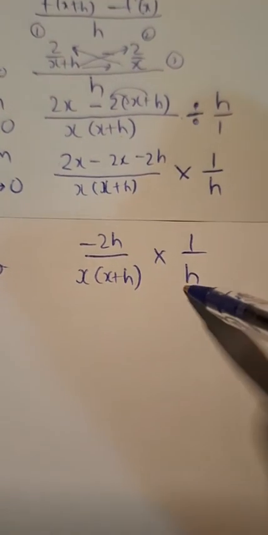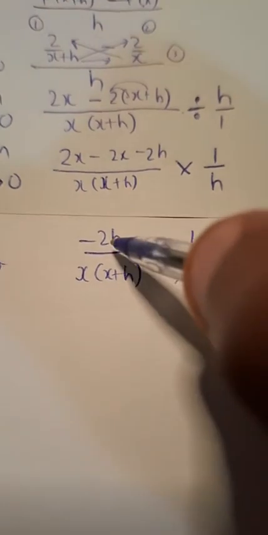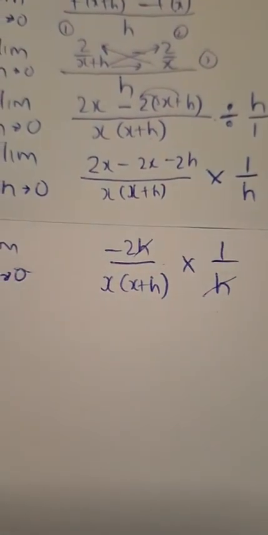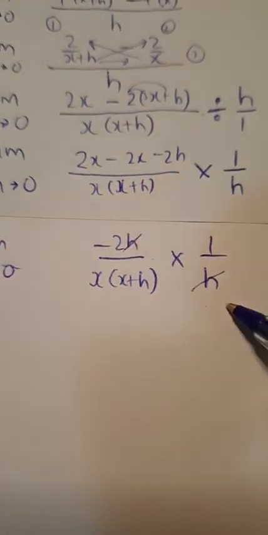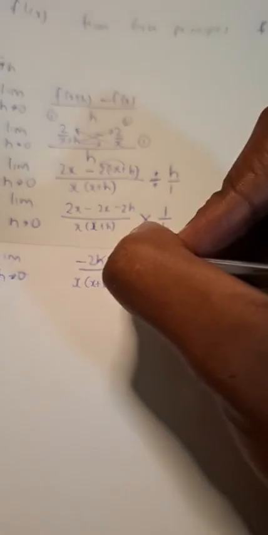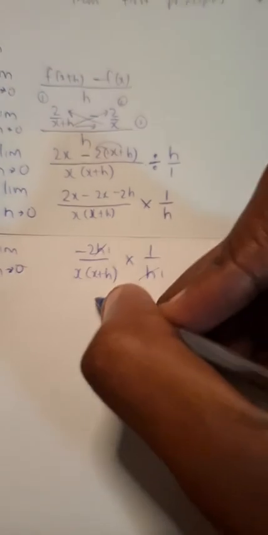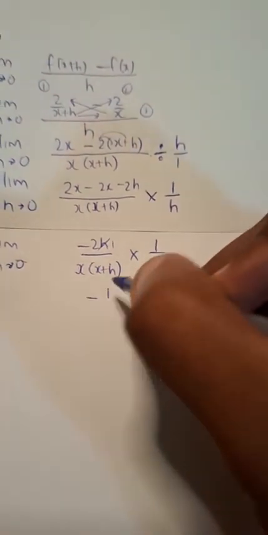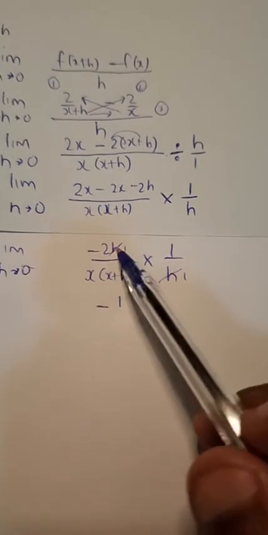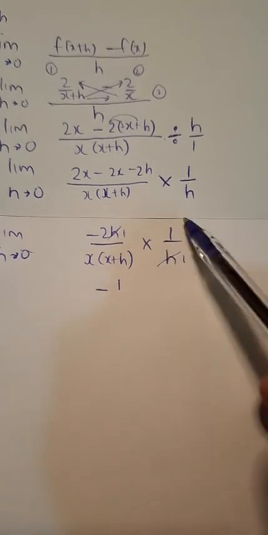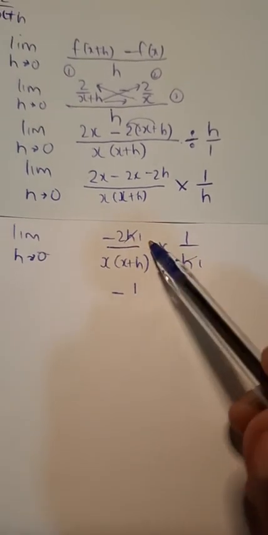So this here, this h and this h cancel. Okay, does that make sense? Because h divided by h leads me to 1. And then ultimately, what am I left with? I'm left with negative 1. Okay, remember, this is now 1 over 1, which is 1. And anything multiplied by 1 is basically that thing, if that makes sense.